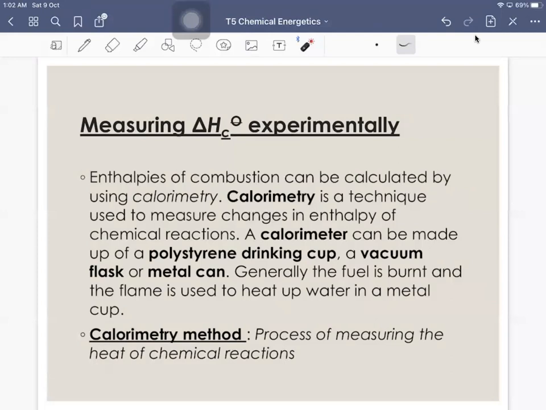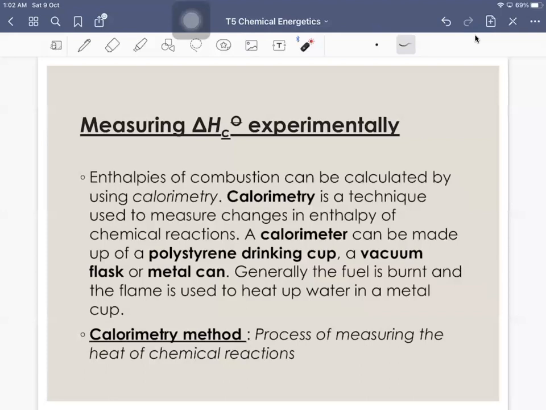As I've mentioned earlier on, combustion is always exothermic. So regardless of what you burn, whether it is labeled as fuel or not, burning any substance will give out energy, so automatically it becomes a fuel. The fuel is burnt and the flame is used to heat up water in a metal cup.